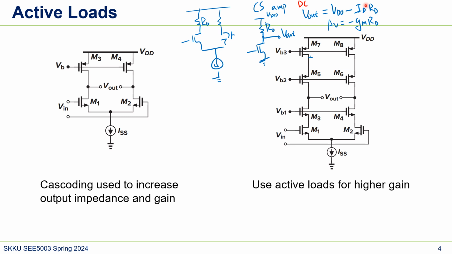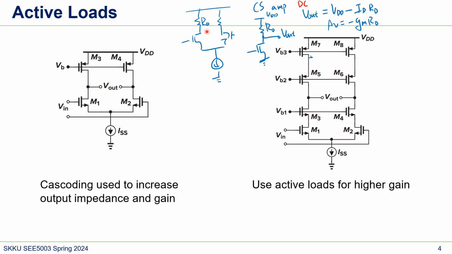Because RD is in both the DC output voltage and the gain, we don't have enough freedom to choose, right? What we want is to increase the gain, which means we have to increase RD, but we cannot increase RD because of the DC voltage of Vout. They are tightly related, so it's not good. Here it's the same.